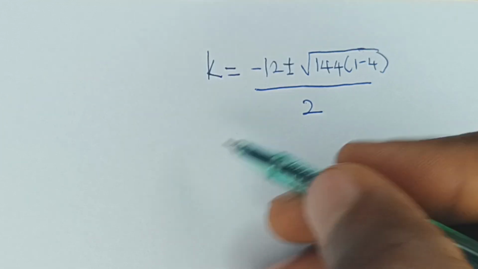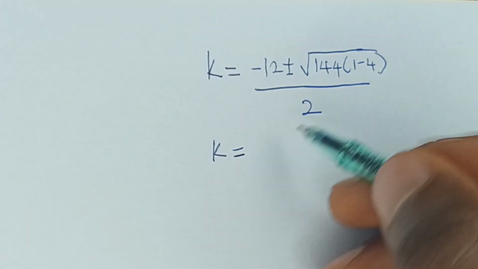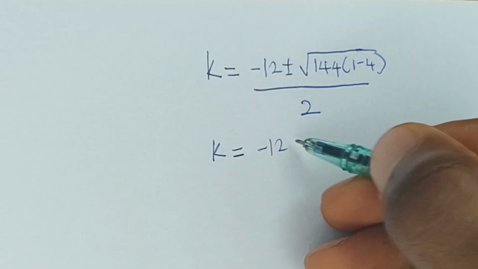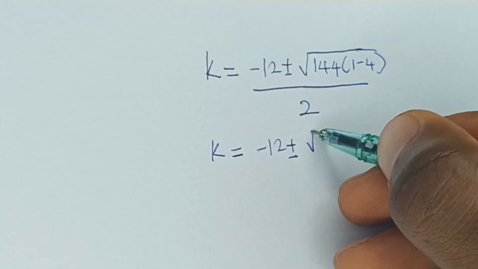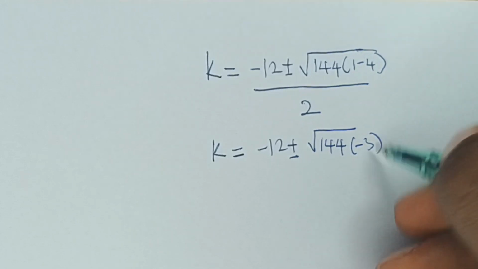Okay, moving on, we have that k is equal to minus 12 plus or minus the square root of 144 times negative 3.